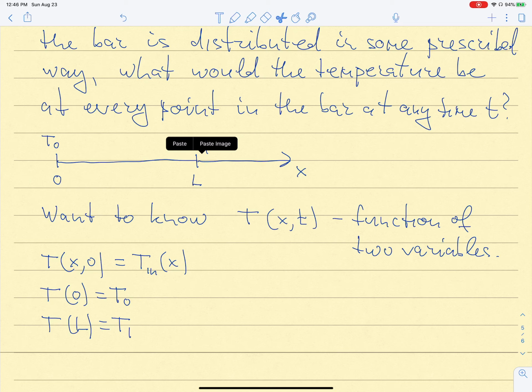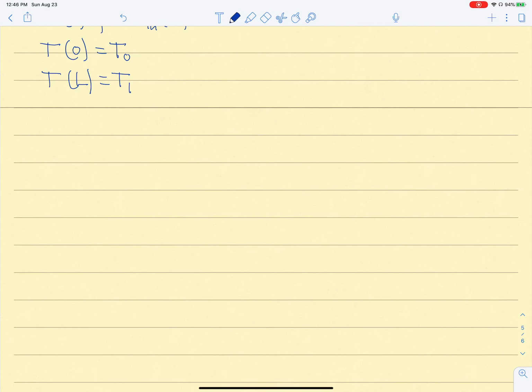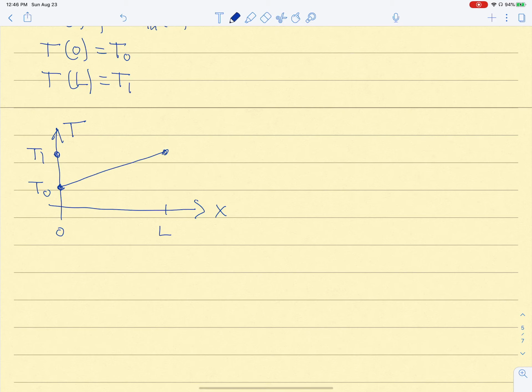So for instance, let me just give you two possible temperature distributions. So one, this is 0, this is L, this is X, and this is temperature T. Let's say in one case, this is T0, and this would be T1. Let's say the temperature is gradually rising from 0 to 1.